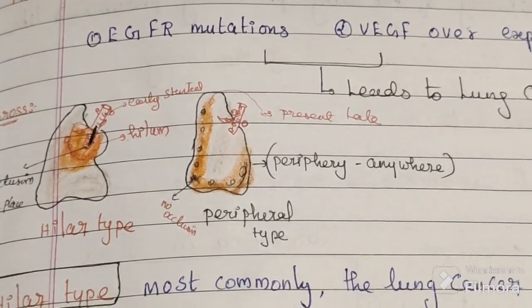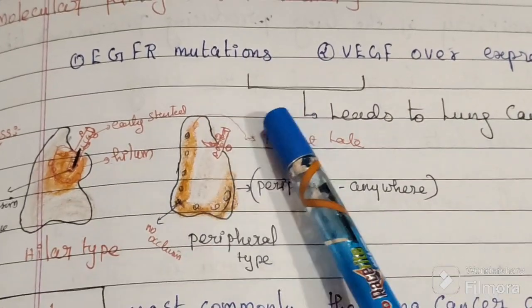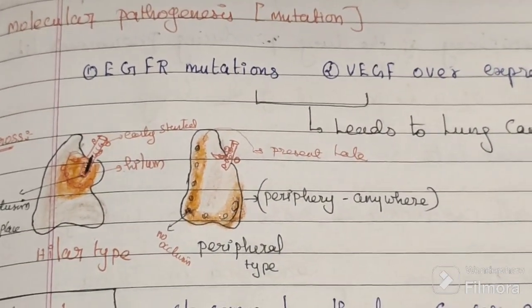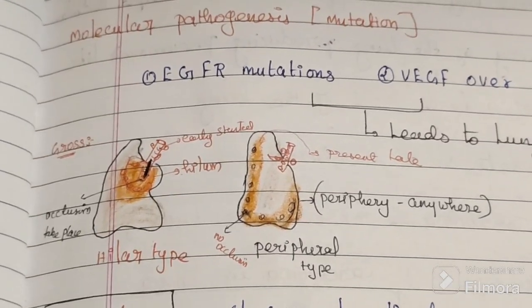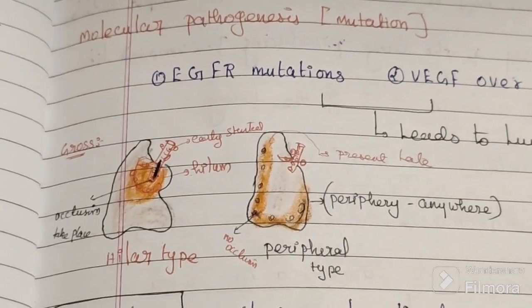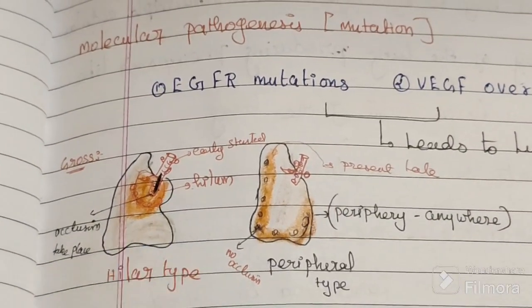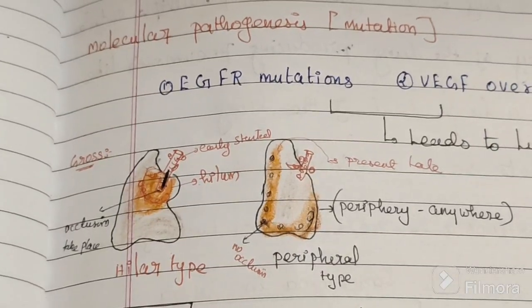Next, the tumor can be present anywhere, peripherally. These are the two types of presentation. In the hilar presentation, tumors are present in the bronchus, more often on the right side.